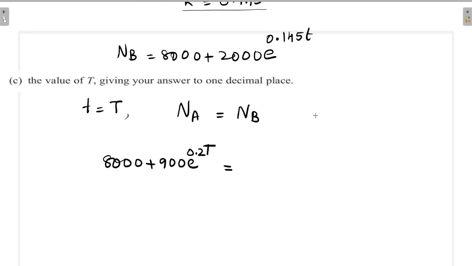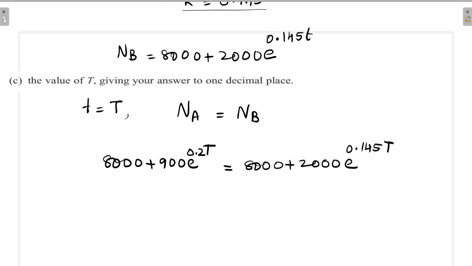NB, as we just found, is 8,000 plus 2,000 e power 0.145t. We can find the value of t.